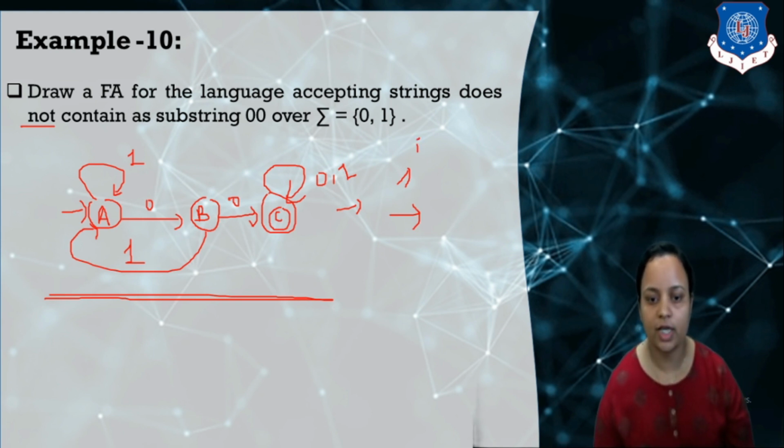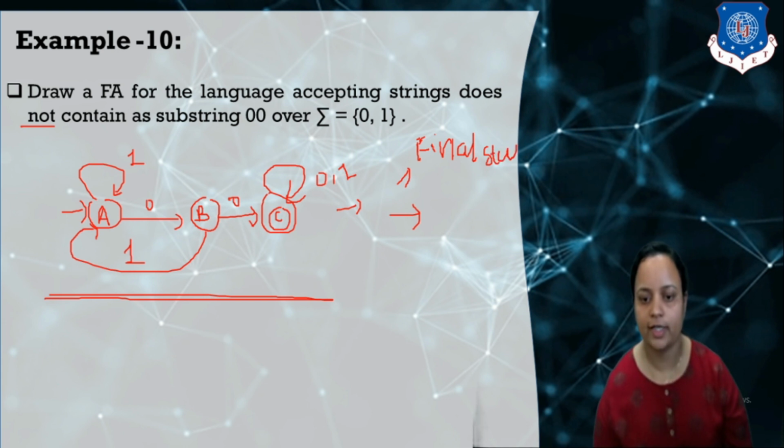So what are the final and non-final states? The final state is C. C is a final state for this DFA, and a state without a double circle is considered a non-final state, and a state with a double circle is considered a final state.